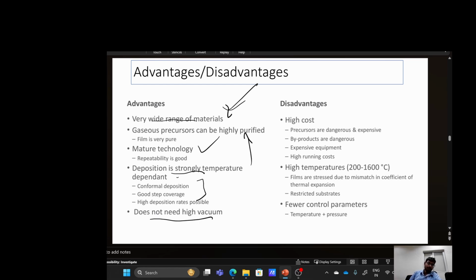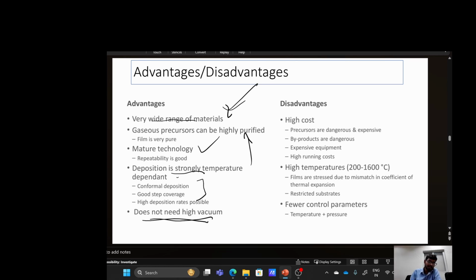To go to higher vacuums, you require very expensive pumps like scroll pumps, diffusion pumps, or ionic pumps. These pumps are very expensive, and you do not require them because you do not need that high a vacuum; you can do atmospheric pressure CVD.